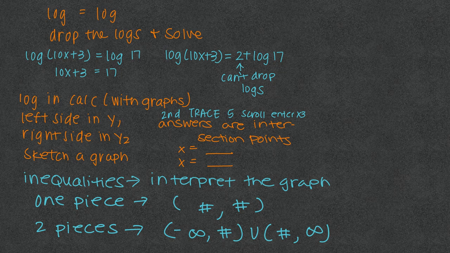So we would graph something and we would have one graph that looks like this and one graph that looks like this. And our answers are still our intersection points. So we would have x equals, but then how do we use those numbers?